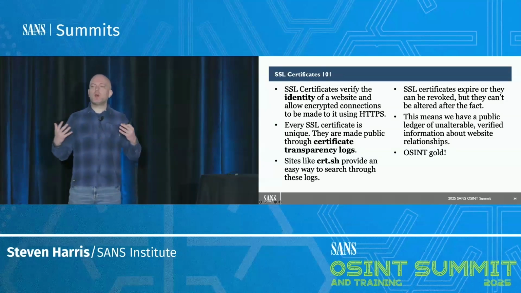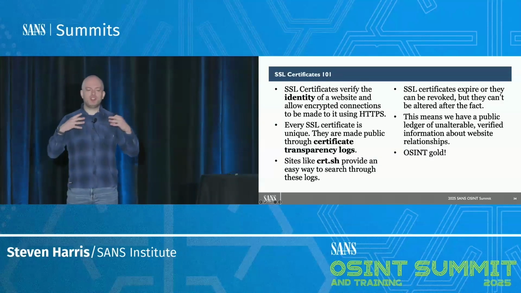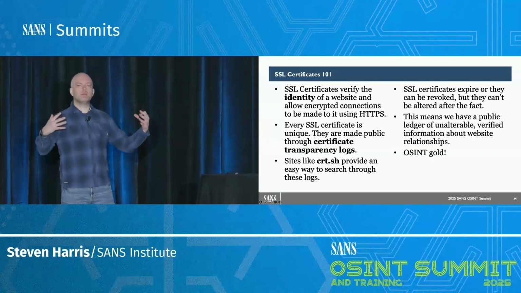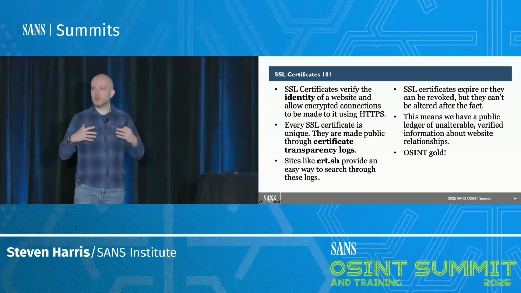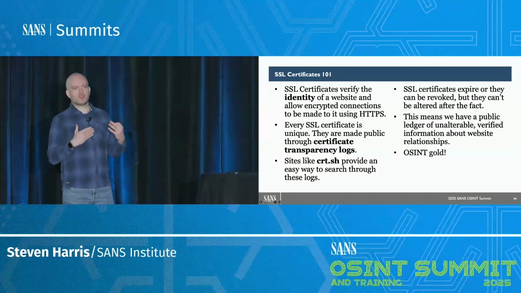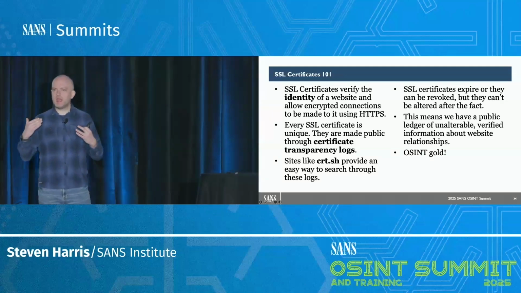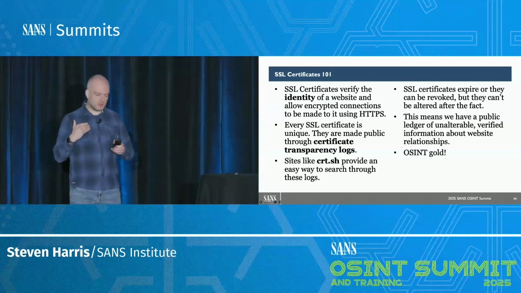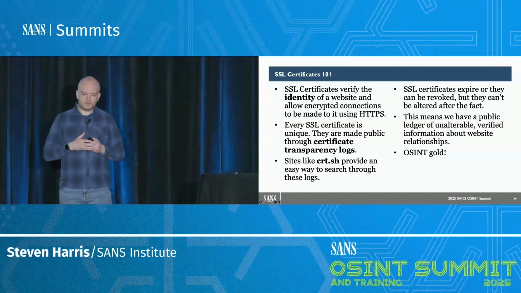And that means that we as OSINT practitioners have this huge resource of millions and millions and millions of security certificates that we can search through to map infrastructure, to identify malicious behavior. It's a very, very underused resource, so hopefully we'll shed some light on it in the next half hour.